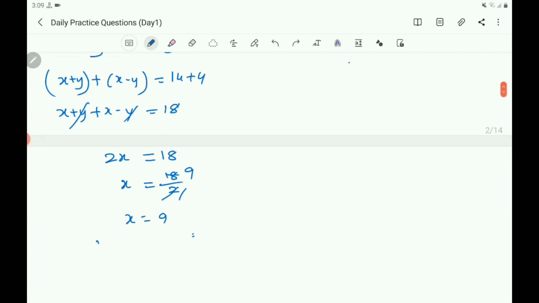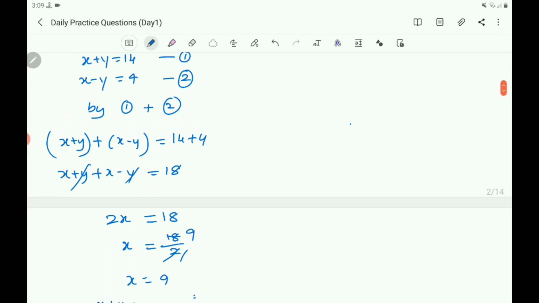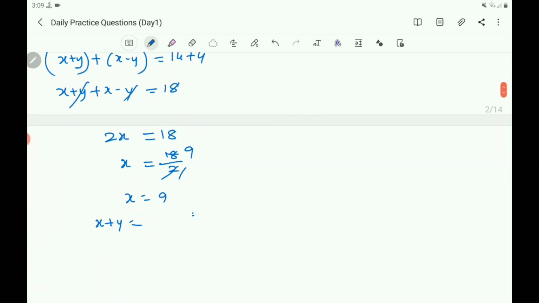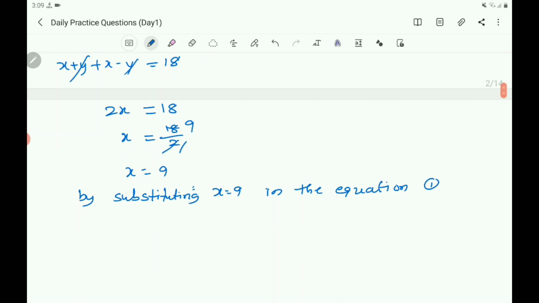So let us take the first equation, x plus y equals 14. Here the first equation is x plus y equals 14. So you write, by substituting x equals 9 in equation 1.